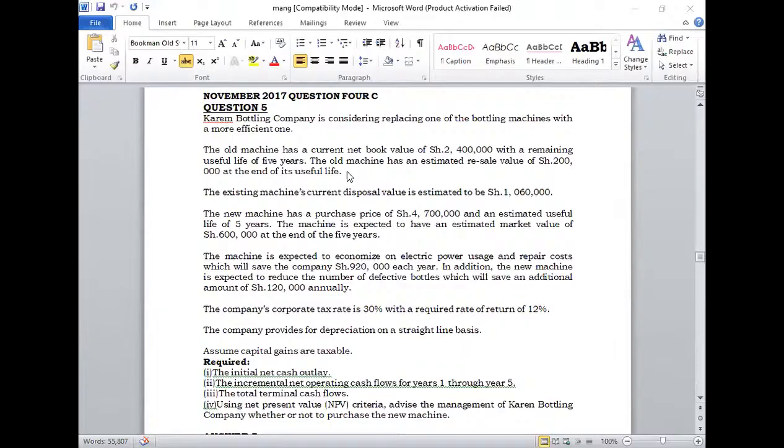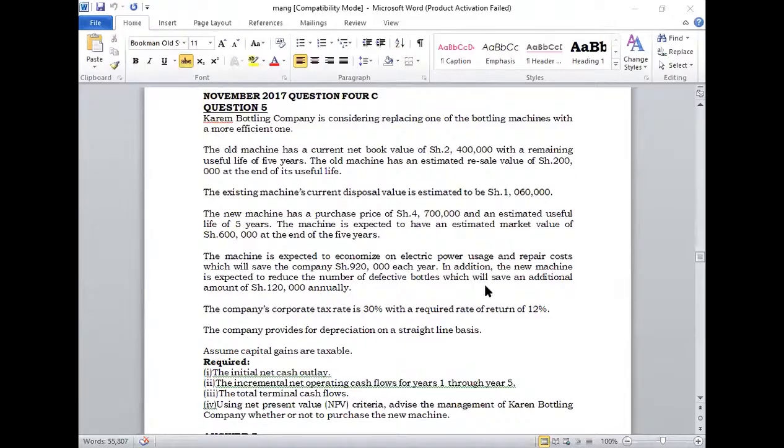The old machine has an estimated resale value of 200,000 at the end of its useful life. Most importantly, they are telling us that should we want to sell the existing machine today, its current disposal value is estimated to be 60,000.